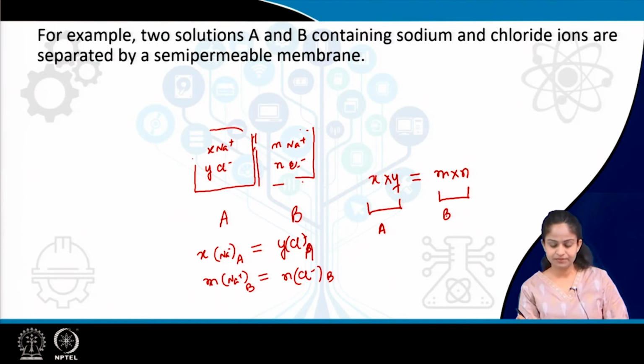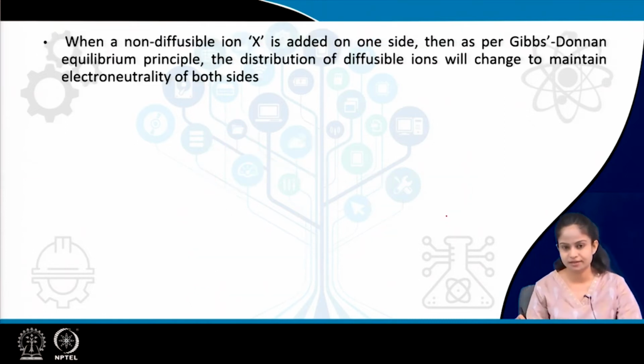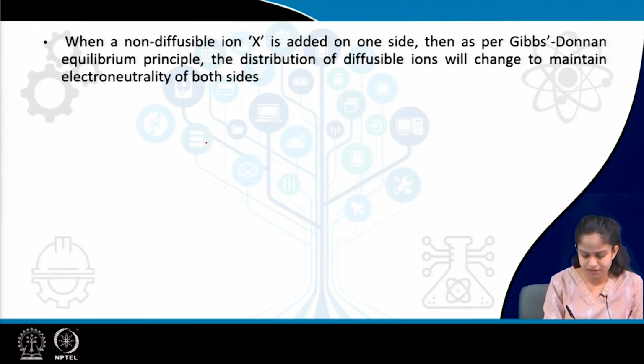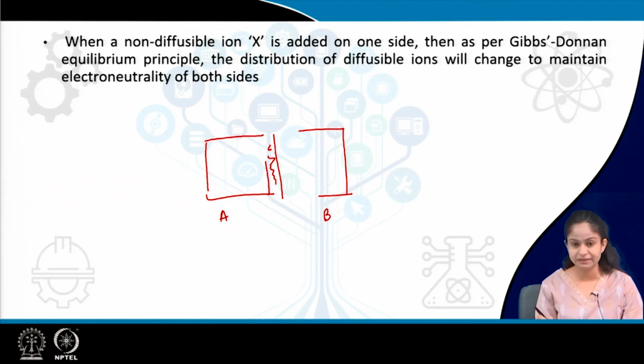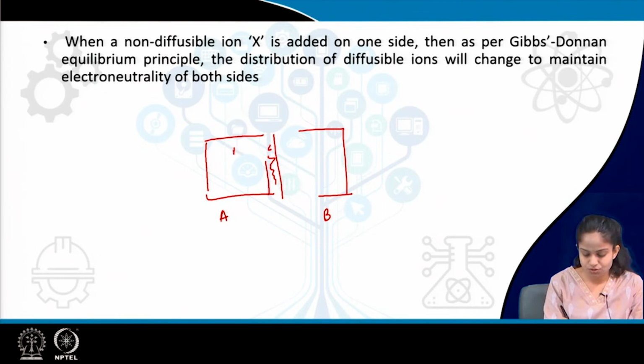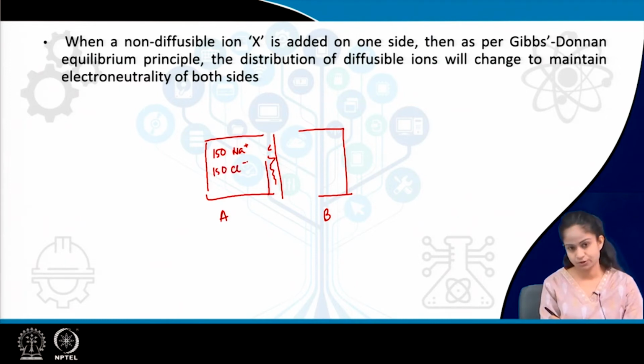Now, the problem comes whenever we get a non-diffusible ion. If I draw the same two solutions separated by a semi-permeable membrane, solution A and solution B, suppose there are 150 sodium ions and 150 chloride ions in solution A.